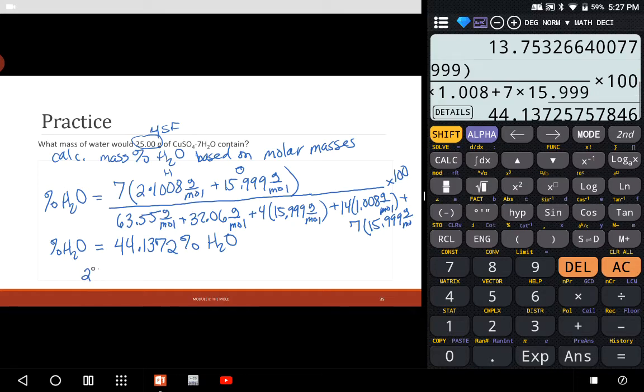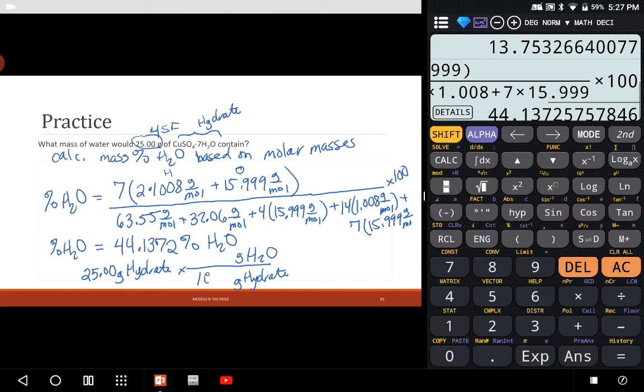So if I have 25 grams of the compound, I'm just going to call this hydrate. So if I have 25 grams of my hydrate, I will have to cancel out my grams of hydrate, and then end up with my grams of H2O.